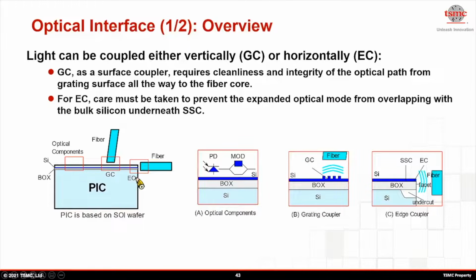GC, as a surface coupler, requires cleanness and integrity of the optical path from the grating surface all the way to the fiber core. For EC, on the other hand, care must be taken to prevent the expanded optical mode from overlapping the bulk silicon underneath the SSC.